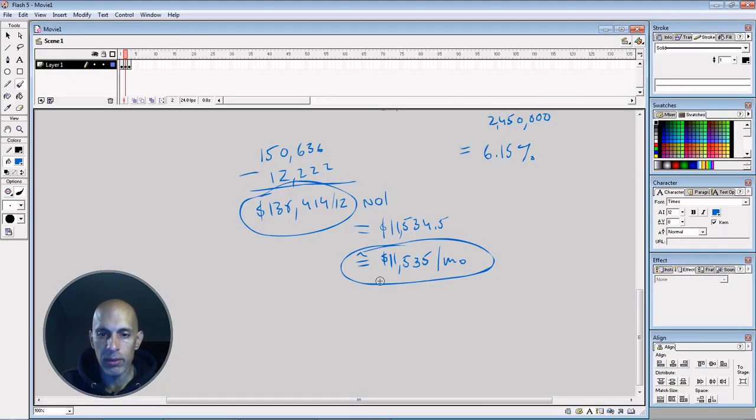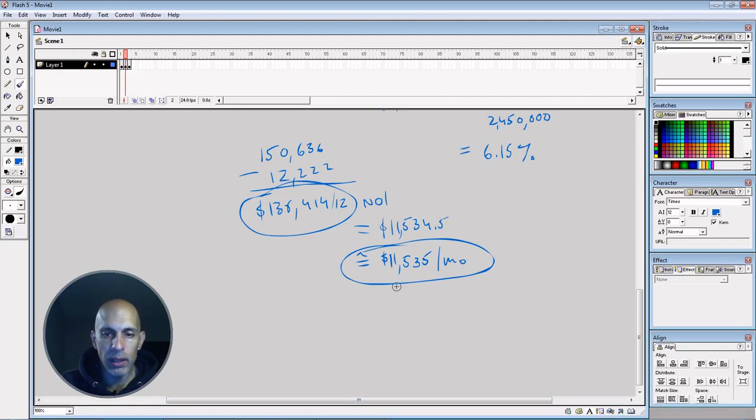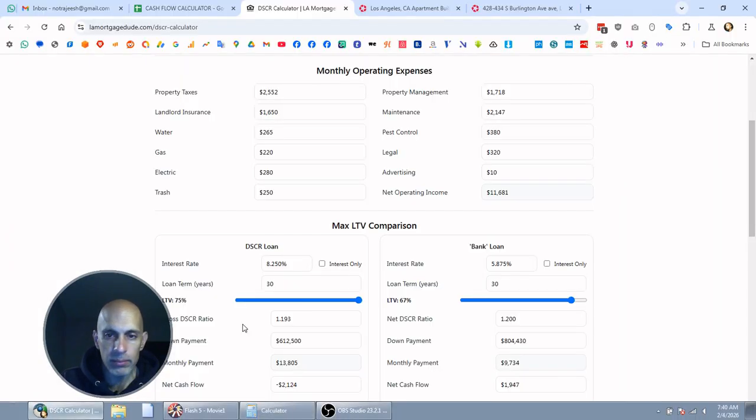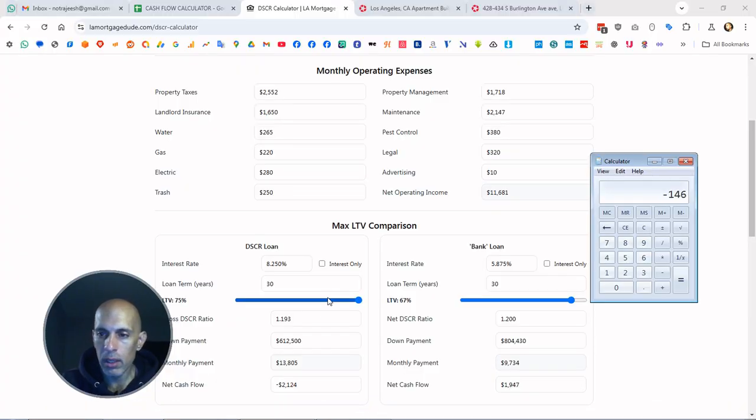11,881 versus 11,535. So maybe another 300 on pest control. Now we're at 11,681 minus 11,535, so I need to spend $146 more.